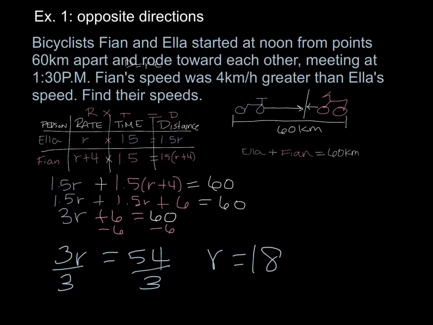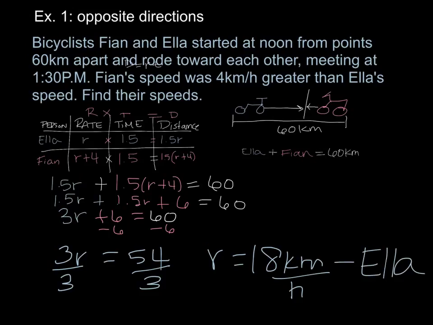All right, now let's see. Our original R represents Ella's rate. See the blue R here? So let's label that 18 kilometers per hour as Ella's rate.